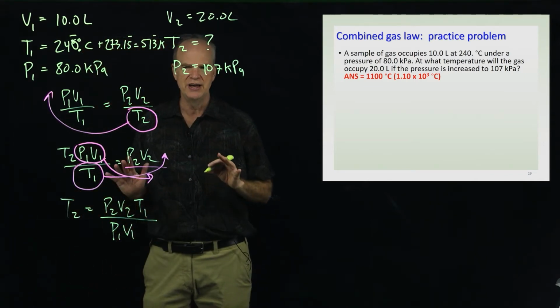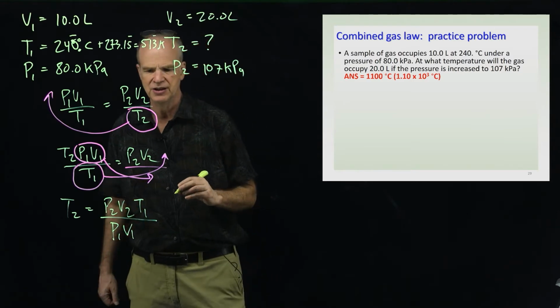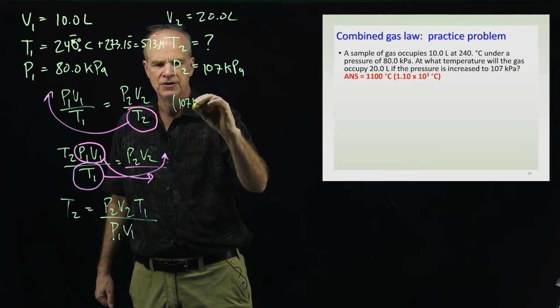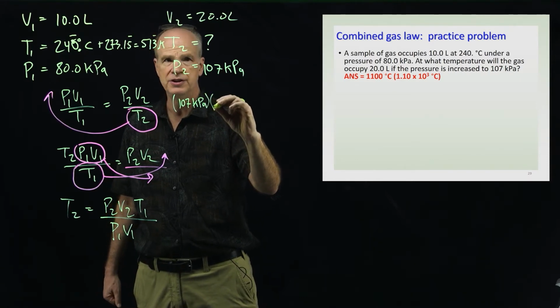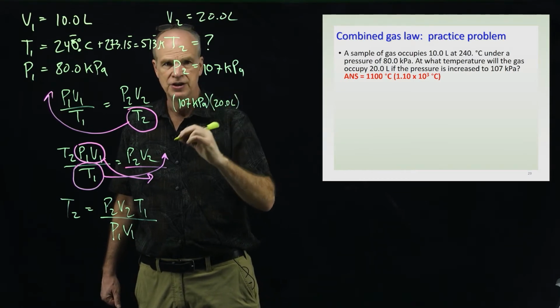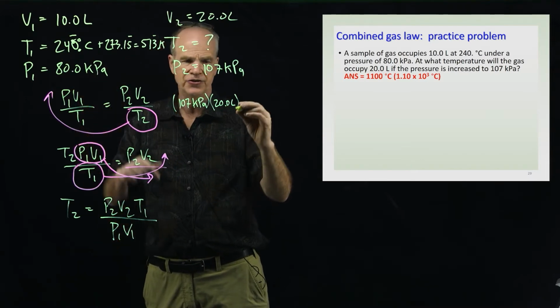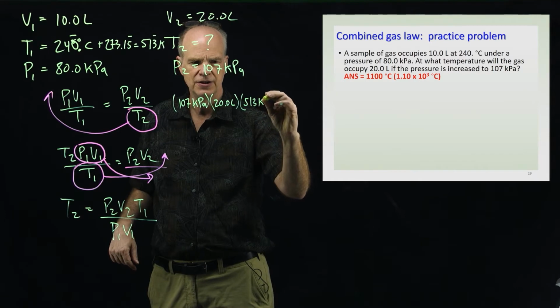Okay, so let me just go ahead and plug in some numbers and confirm that the units cancel as expected. So P2 is 107 kilopascals, and V2 is 20.0 liters. And we also have T1, which is here. It's going to be 513 Kelvin.